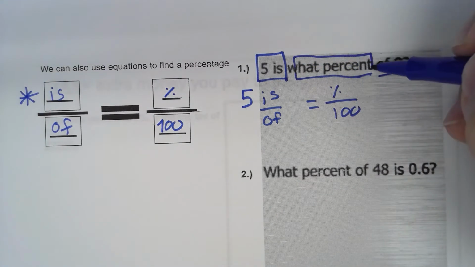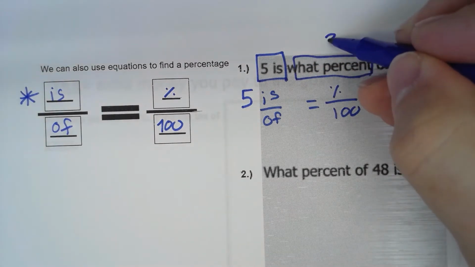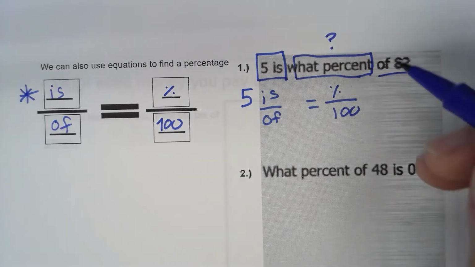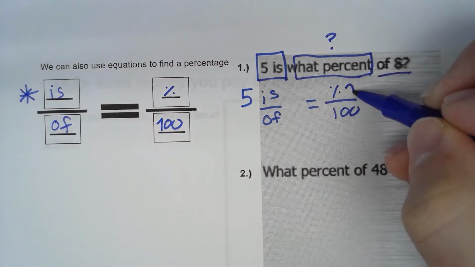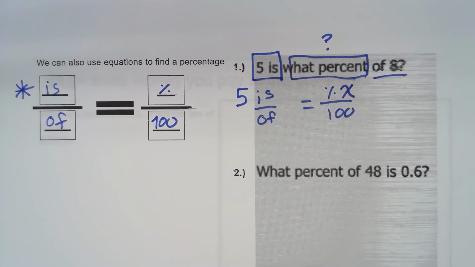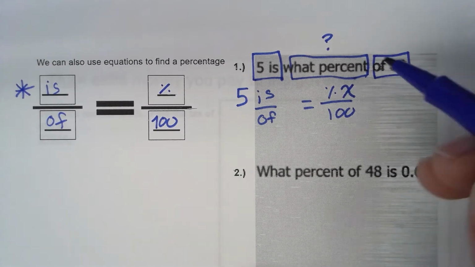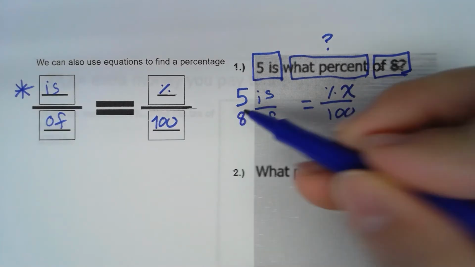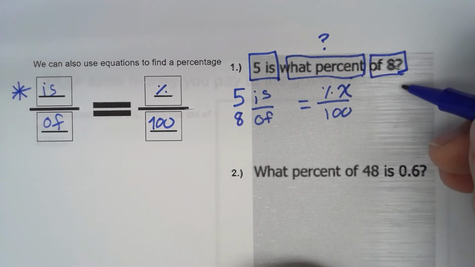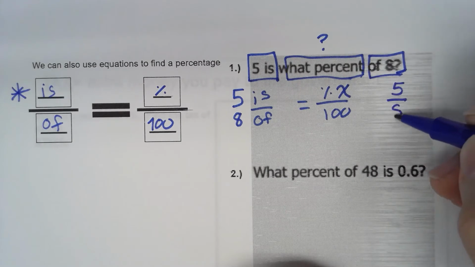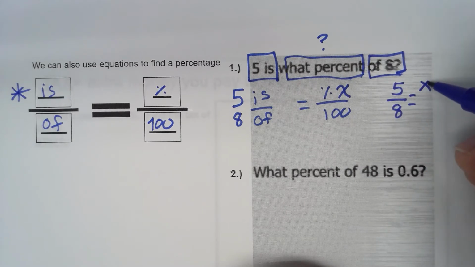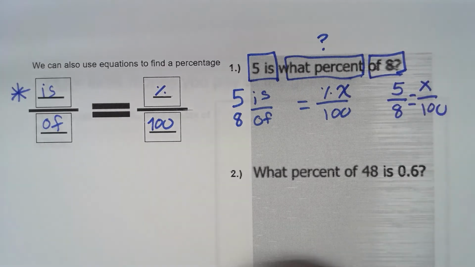What percent? That means I don't know the percent, so I'm going to put a variable here, an x, of 8. So for of, I'm going to put 8. So it's going to look like this: 5 over 8 equals x over 100.